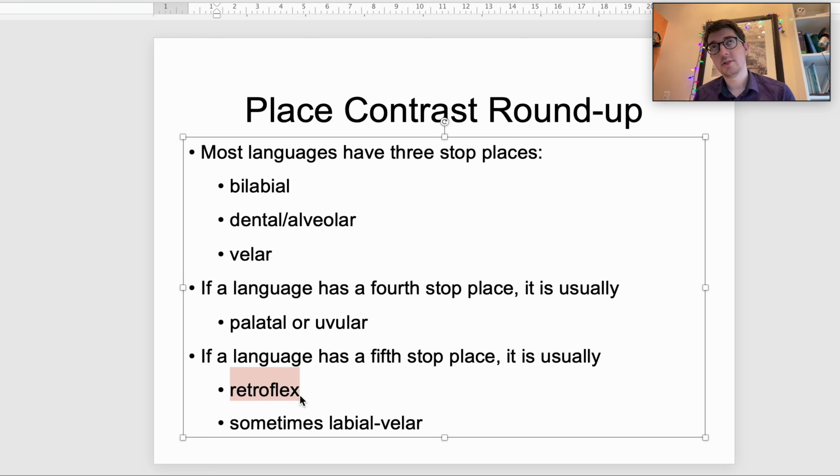Retroflex sounds are subsumed under the coronal sounds as well, so we can treat them like that. Coronals are general sounds produced next to bilabials and velars, and after them you have palatals and uvulars.